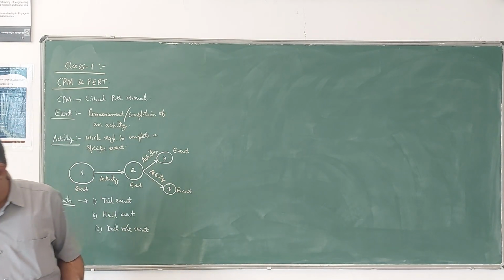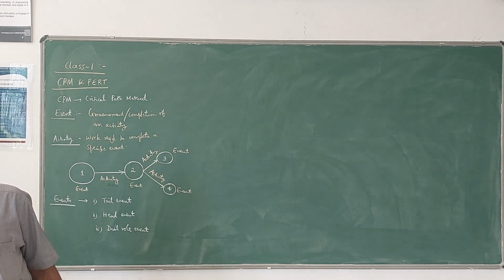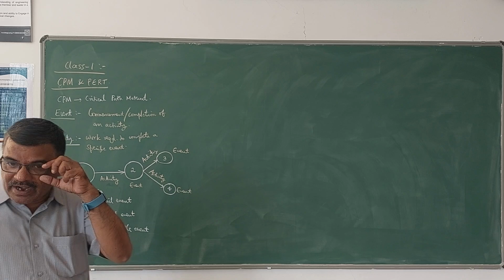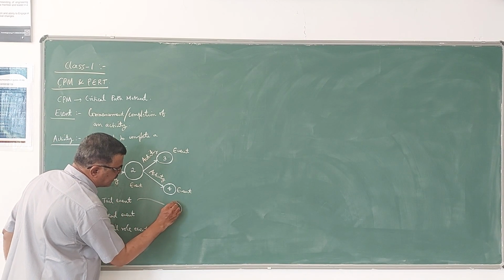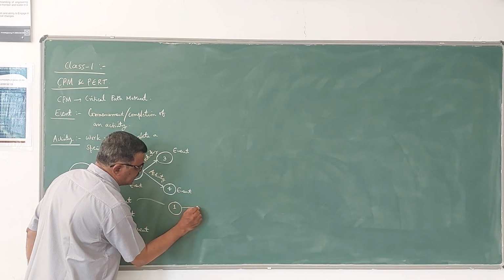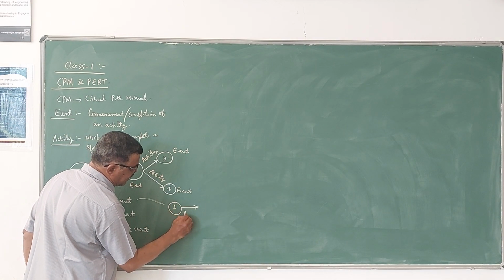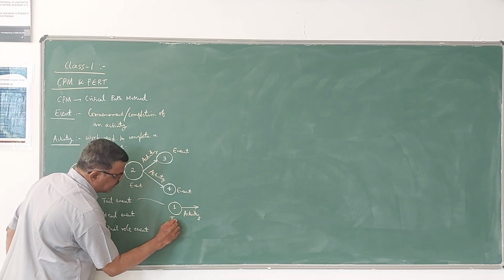A tail event is an event which marks the beginning of an activity. For example, a tail event is shown like this. If you take 1, this 1, 2 is an activity. So this becomes a tail event.